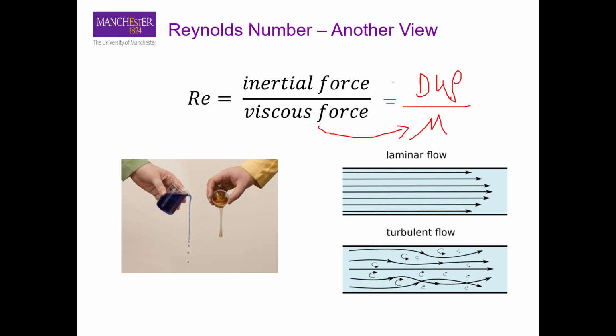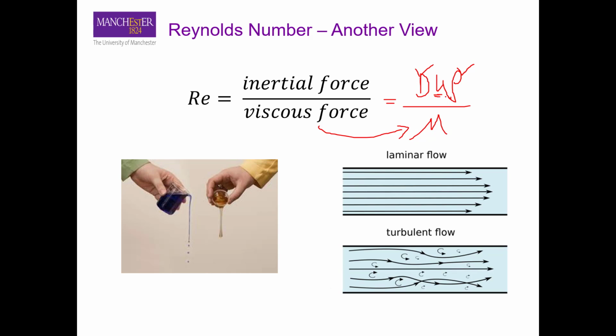For example, we have the density of the fluid and the diameter of the system or of the pipe. By fixing rho, we fix the nature of the fluid, and by fixing d, we fix the geometry of the system. Then you have the middle property, that is velocity.